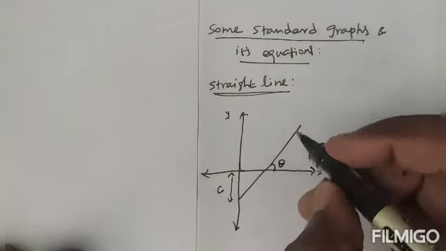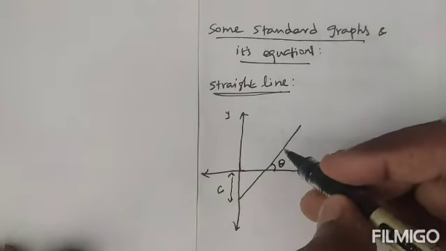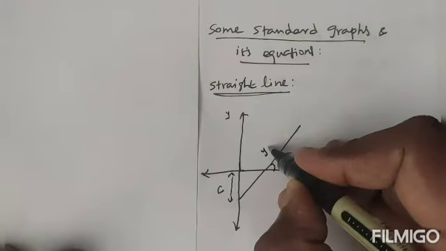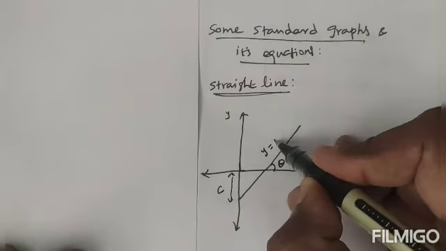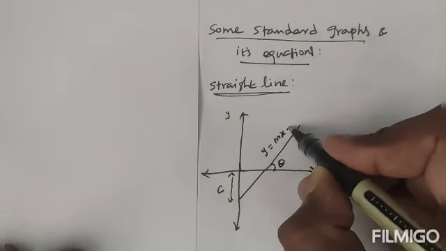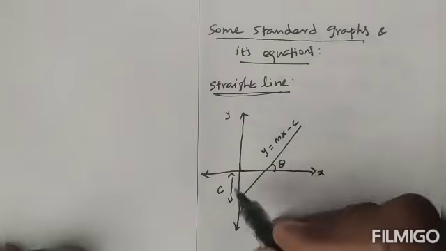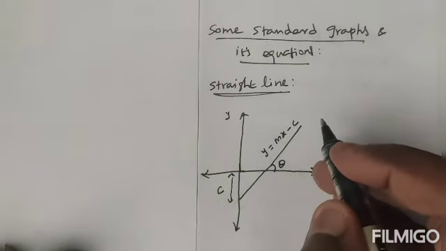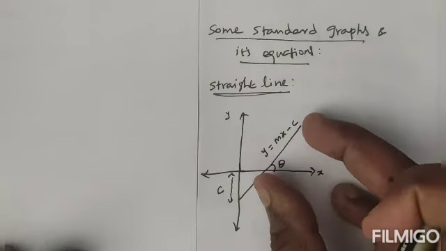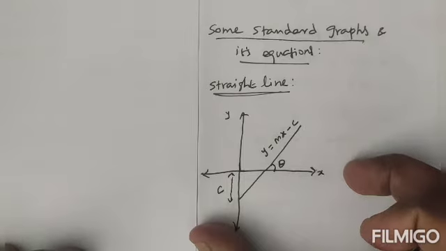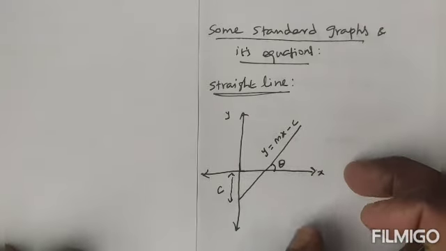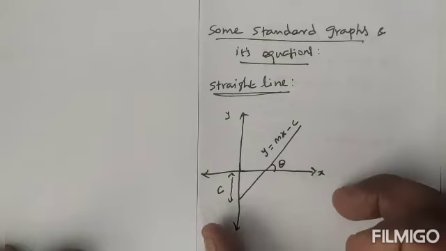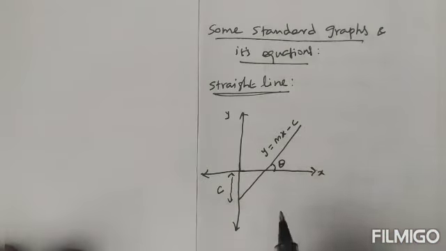So this kind of structure is called a straight line, that is y is equal to mx minus c. Because c is on this side, in the y dash axis, we get minus c. So y is equal to mx minus c. This structure we call the straight line equation. Then m is nothing but the slope, which is tan theta, right?